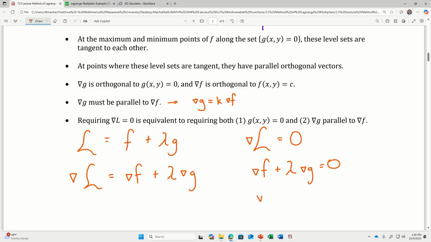In other words, I'm saying that the gradient of f is equal to negative lambda times the gradient of g. That means we are requiring that the gradient of g has to be parallel to the gradient of f by taking the stationary points of the Lagrange function.